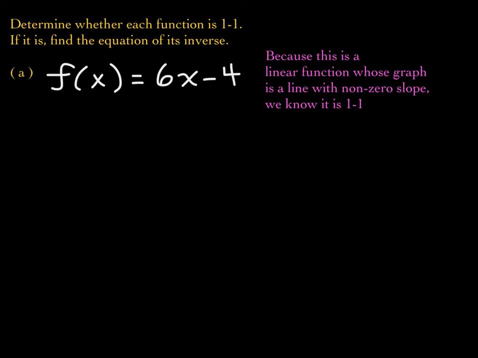All right, so please watch these steps. The first thing I'm going to do, now pay close attention, please, is replace f of x with y. We learned a while back that f of x represents y. They're interchangeable, right? And then the next thing I'm going to do is swap x and y, swap places.